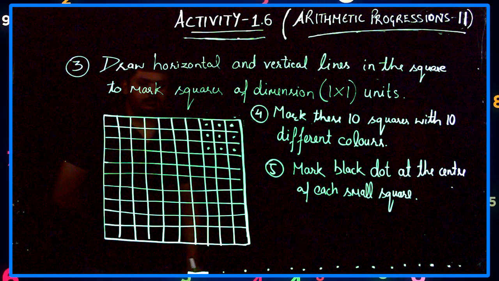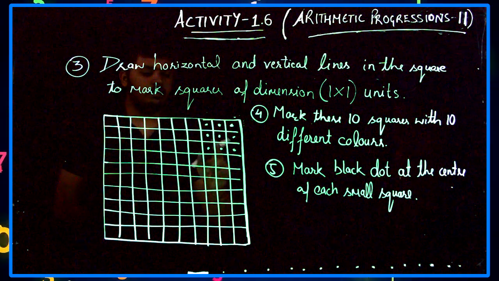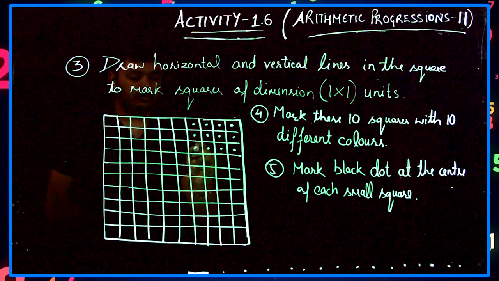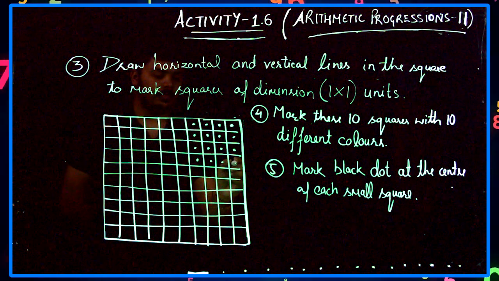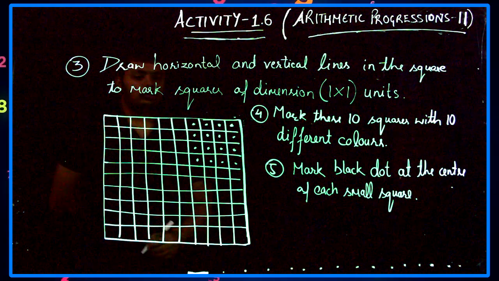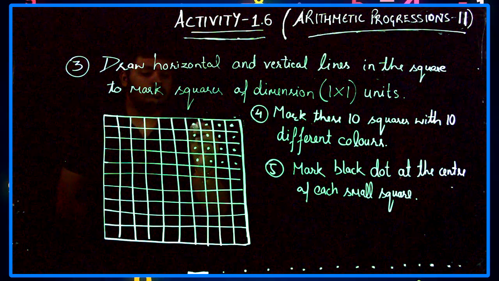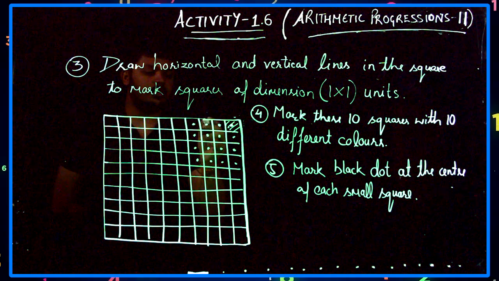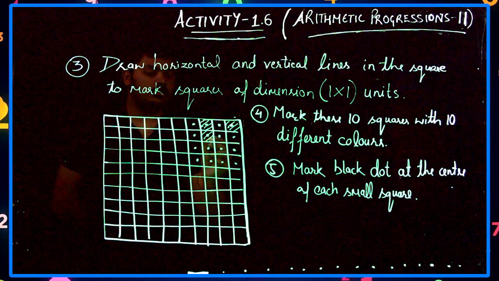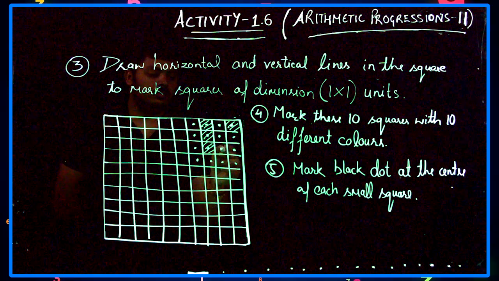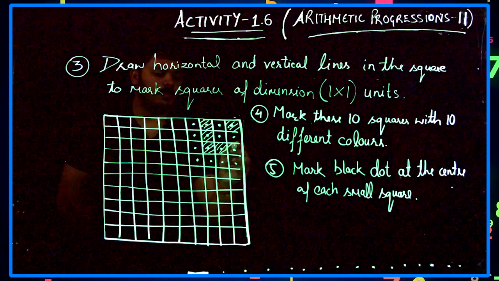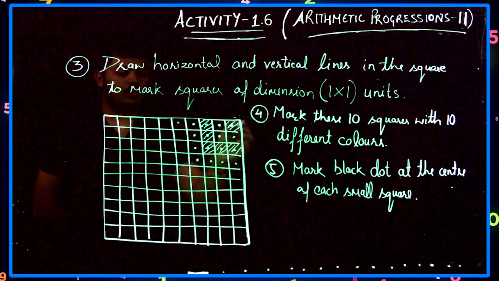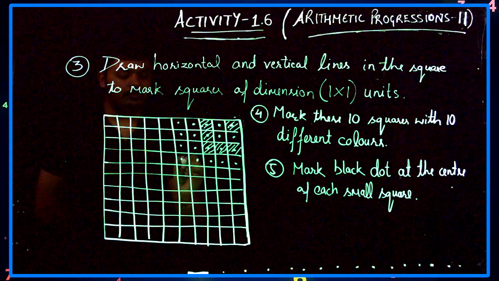Now the fourth square will be of dimension 4 by 4. So let's mark these squares. Now the next square will be of dimension 5 by 5.